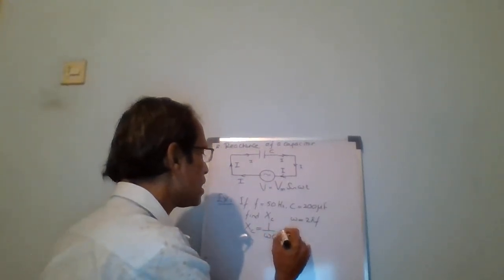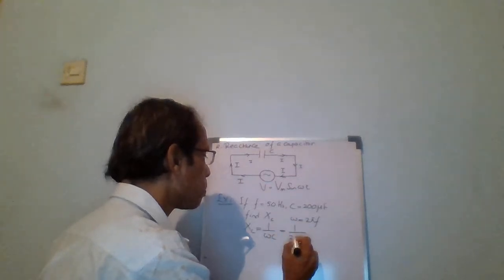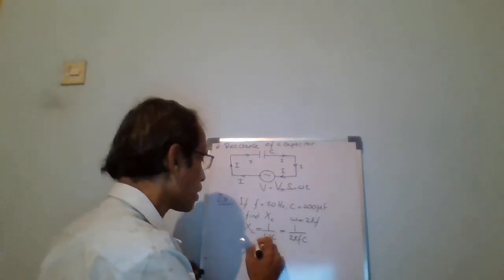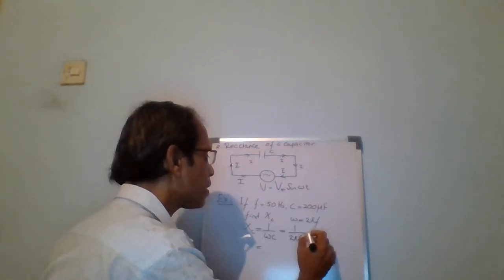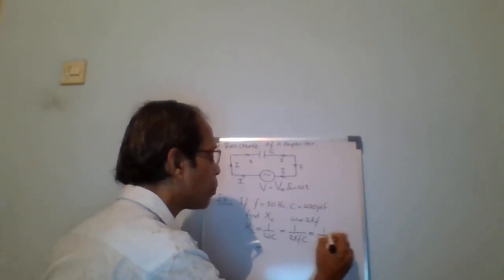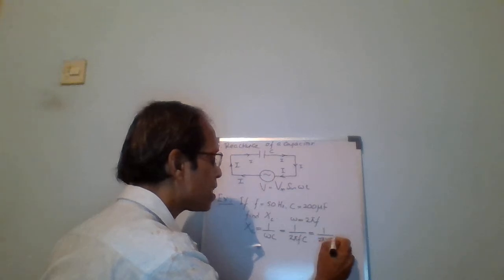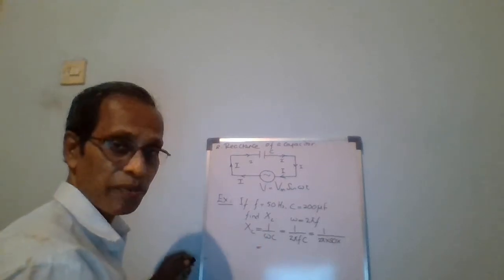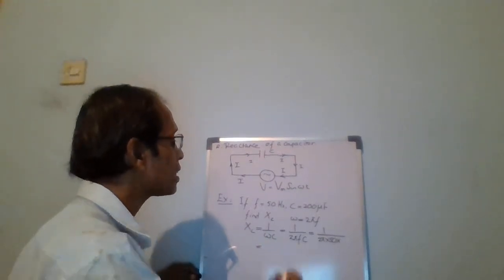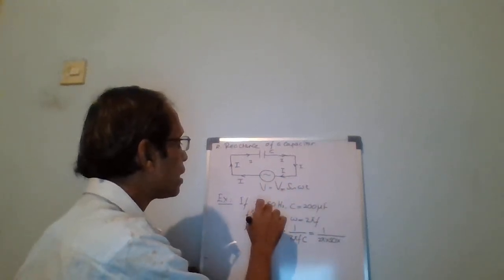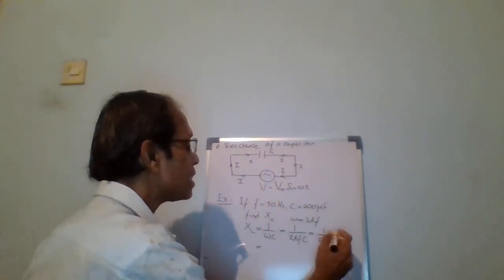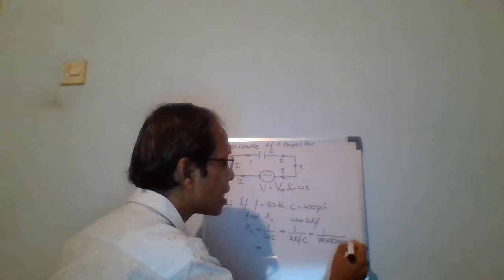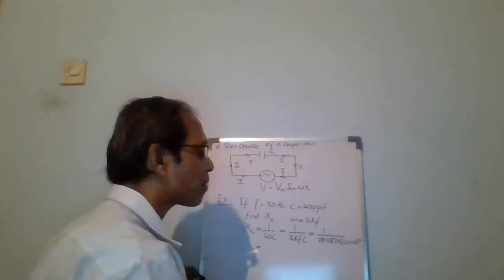Then Xc is equal to 1 over 2 pi f c. Here f is 50 hertz, that is the frequency of the current, and c is 200 microfarads. 200 microfarads means, to become farads, 10 to the minus 6.